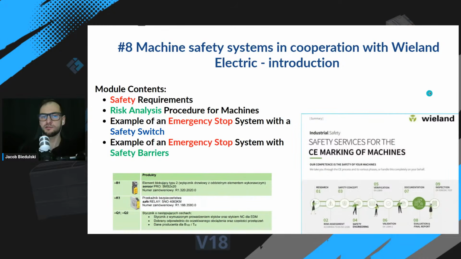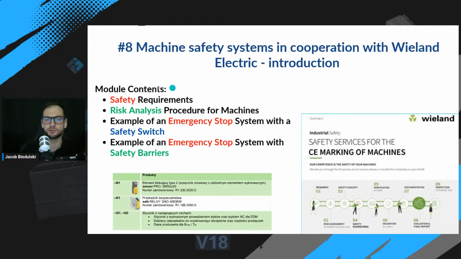We have also a module related to machine safety systems. We created this module in cooperation with Wieland Electric company. This company is the manufacturer of safety equipment like safety relays, safety controllers, light curtains, and so on.